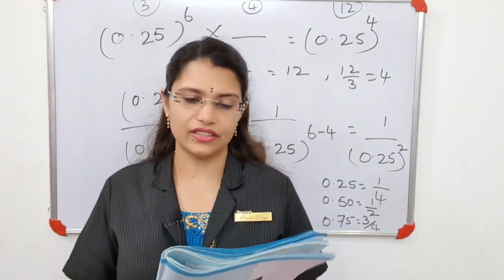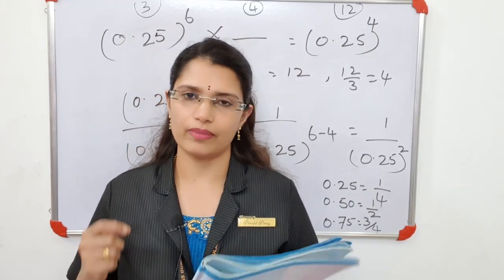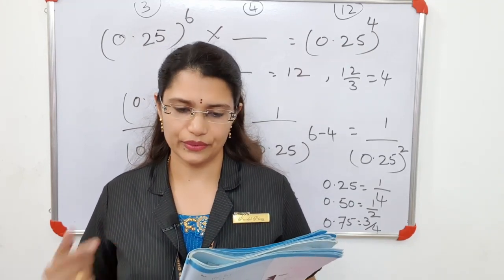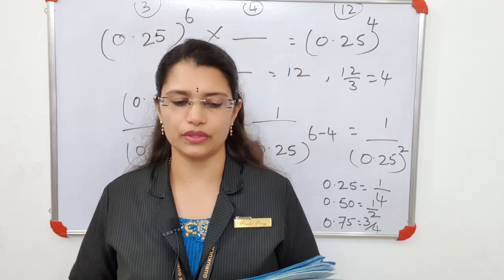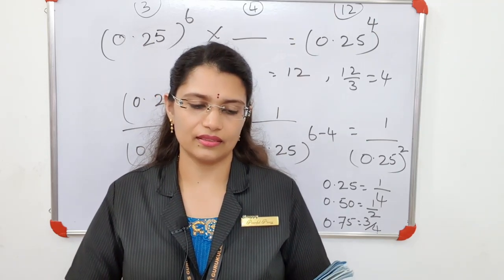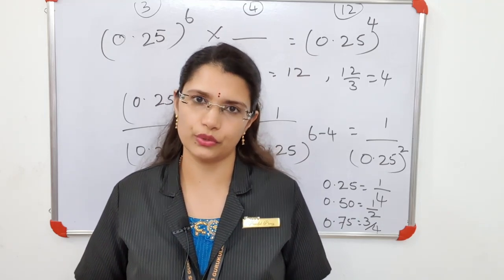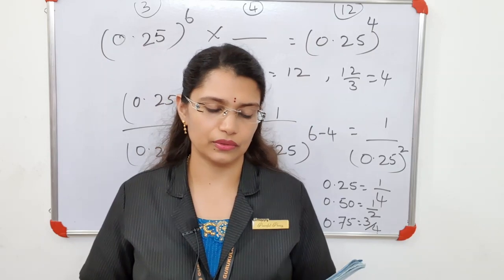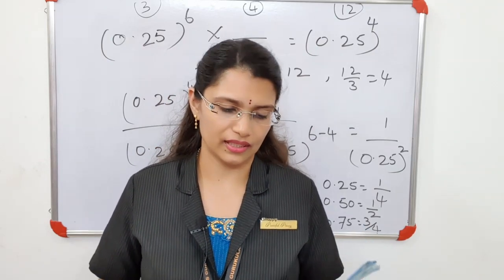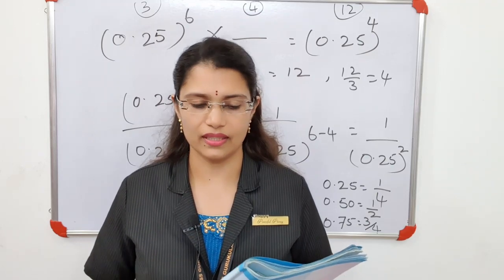Take page number 62, and that one question is there. Make a table of powers of 3 and use it to find these products and quotients. We have done already with the help of the table of powers of 2, right? Like that you have to do here. 81 into 9 up to 59,049 divided by 729.